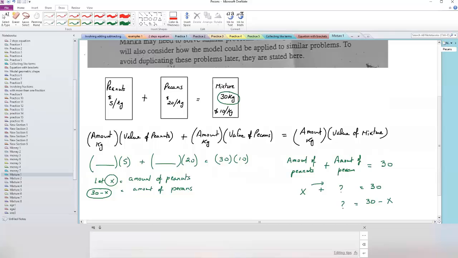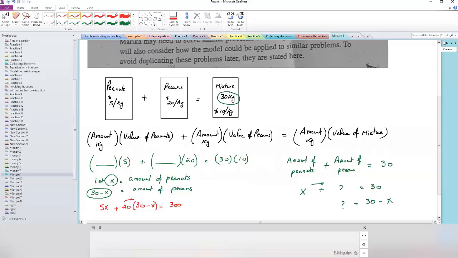So now really I can have an equation with only one variable. I can write it like that: 5 times the amount of peanuts, which we know is x, plus the amount of the pecans, 30 minus x, times the cost, $20, equals 30 times 10, which is 300.